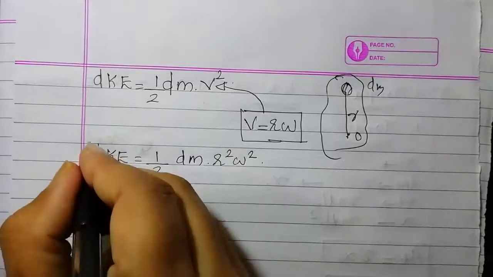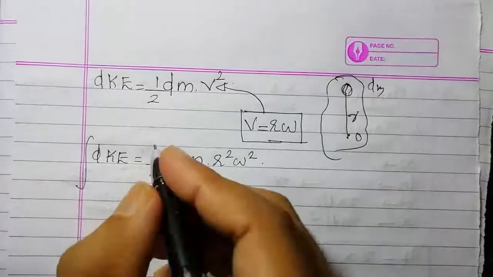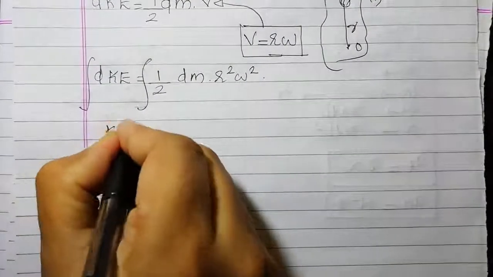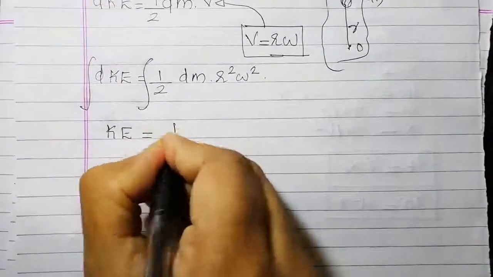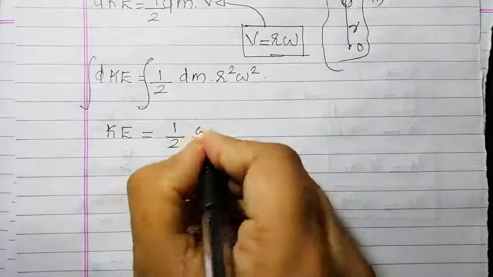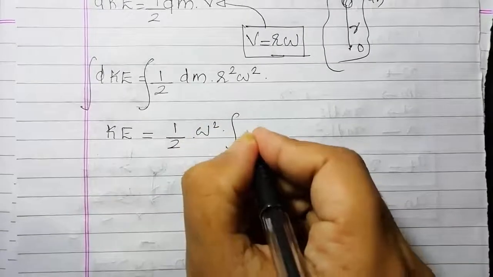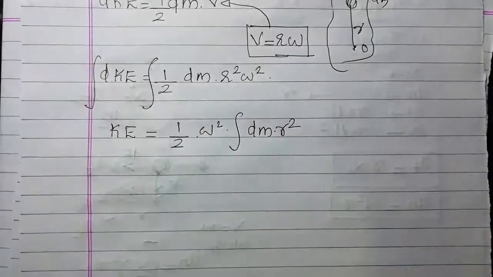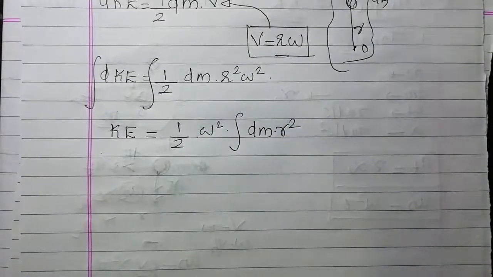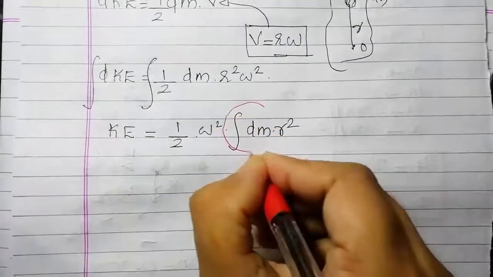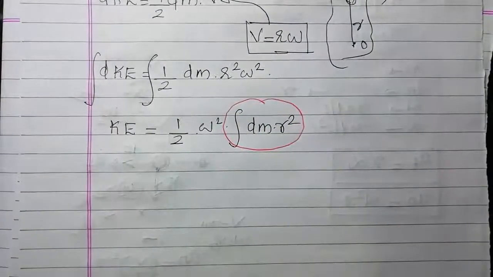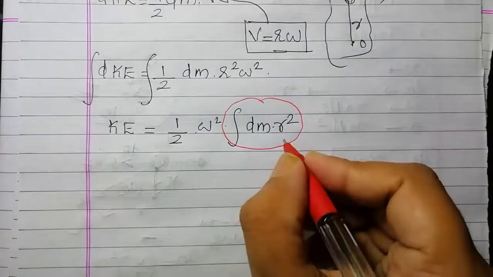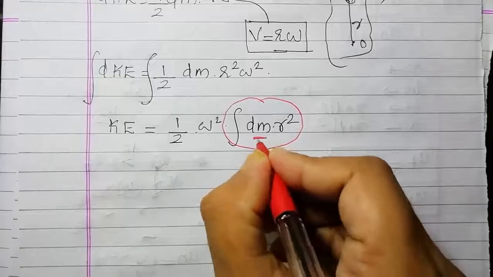Okay, now if we want the total kinetic energy, integrate this on both sides. So the total kinetic energy is equal to half into omega square into integral dm into r square. Okay, so this dm into r square is nothing but the second moment of mass, or it's also known as moment of inertia of this mass dm.